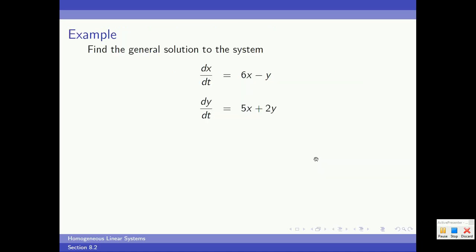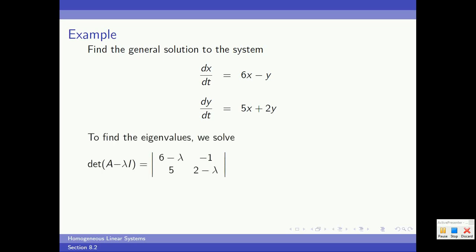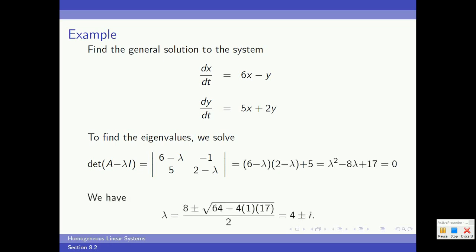Okay, so let's work this one with examples. So we want to find the general solution to this system. We first find our eigenvalues. Again, 6 minus lambda, and then 2 minus lambda on the diagonal, negative 1 and 5 on the off diagonal. Multiplying it out, simplifying it, we end up having our roots are 4 plus or minus i.